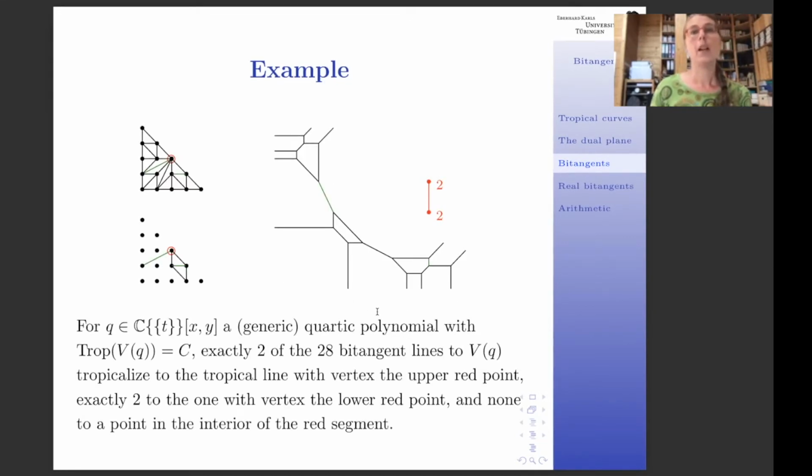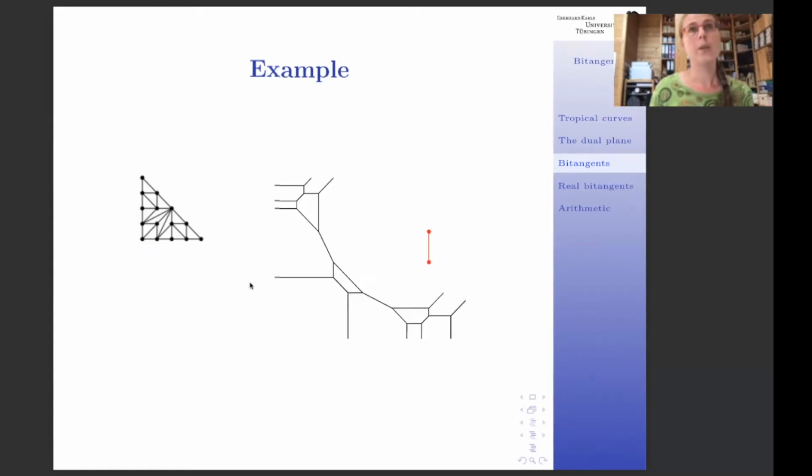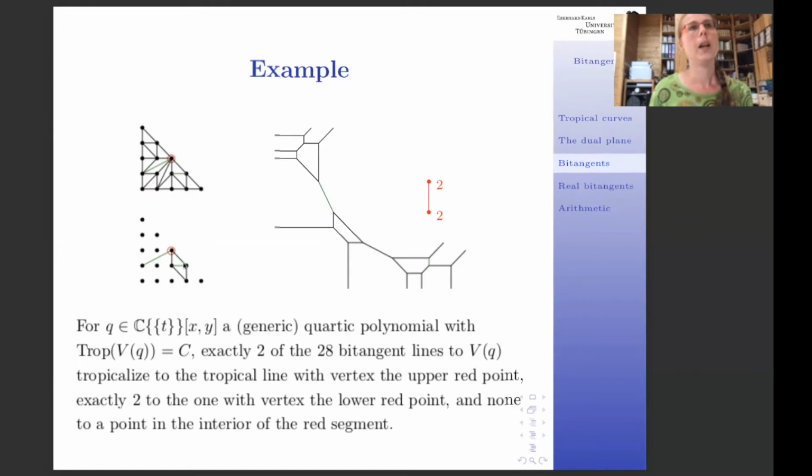Okay, now let's continue with this example. Actually, I should say something about the Newton subdivisions here. You see all those pictures next to my tropical quartic. These pictures are for those of you who are familiar with dual Newton subdivisions. So you will recognize them and you will see, aha, this is really dual to the quartic. And on this slide here, you see that in these dual Newton subdivisions, I've drawn some parts in color and then highlighted them again.